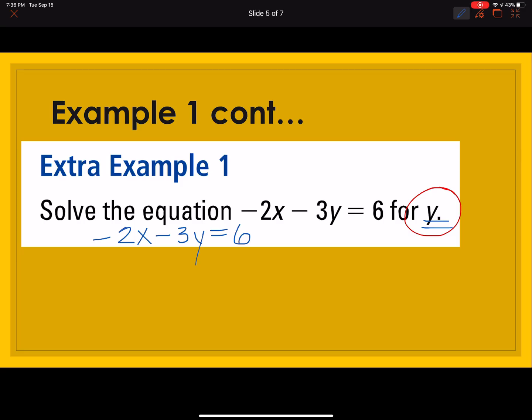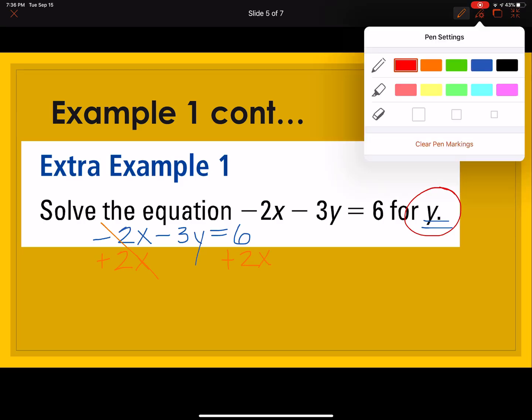So let's think about this as terms. I want to go ahead and get rid of this 2x so I can work toward my goal of isolating y. When I add 2x, I've created a zero pair. I'm going to come over here and add 2x.